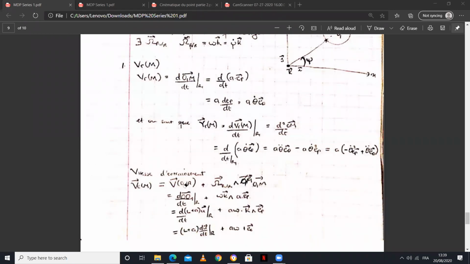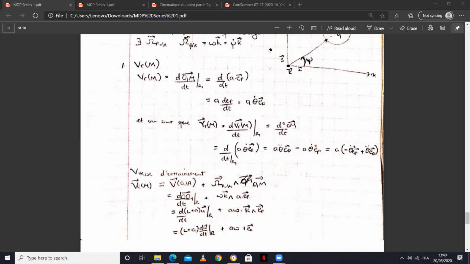O1 par rapport à R, le repère absolu. This is the formula. Plus rotation de R1 par rapport à R0 vectoriel OA M. That's your formula for the vitesse d'entraînement.